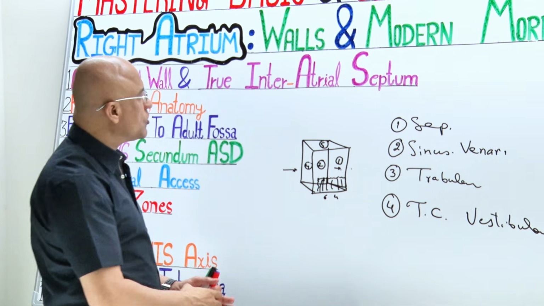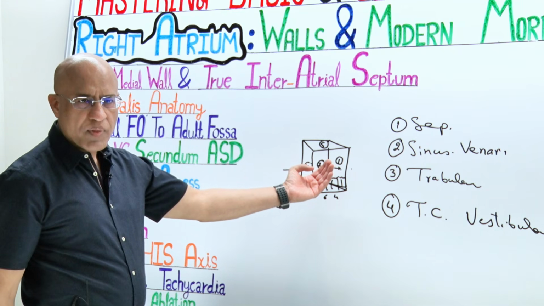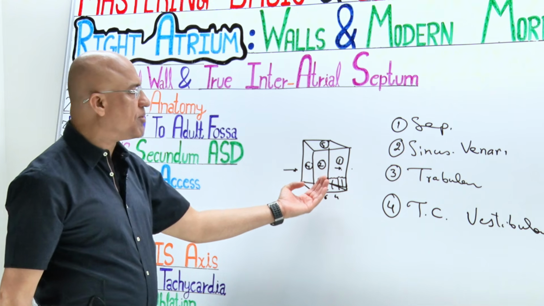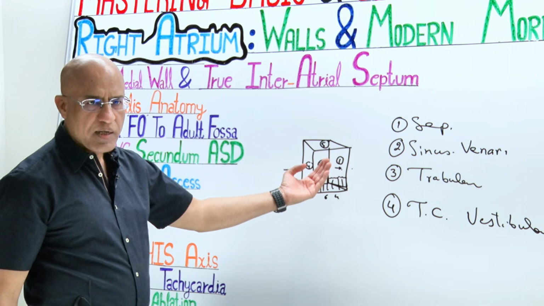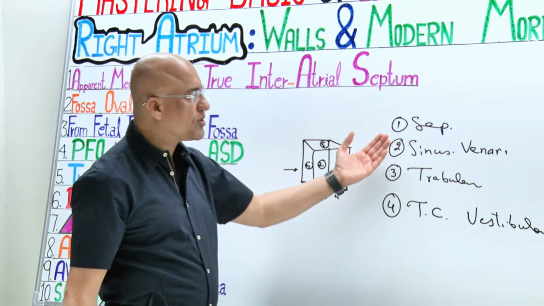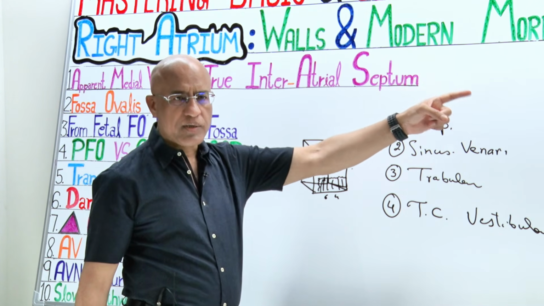Now what I will be doing is teaching in an integrated fashion. Today our day is to teach the medial wall, but whatever region is relevant to it, for example the septal region is relevant to the medial wall, we will discuss that. As we keep moving through the walls, we will also discuss the modern morphological regions.